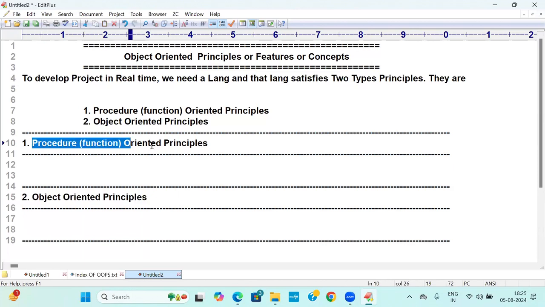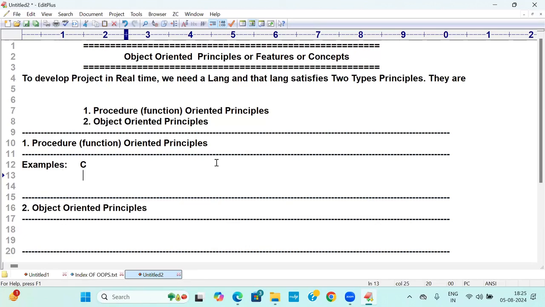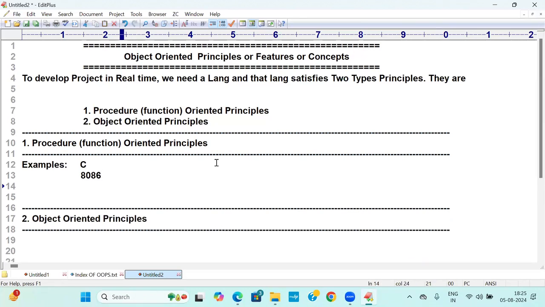Under procedure-oriented principles, example languages are, which you know, C language. C is one of the languages purely belonging to the functional-oriented programming category. The next is 8086 microprocessor programming language.